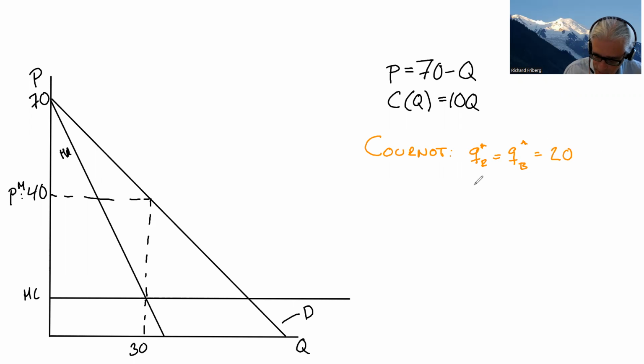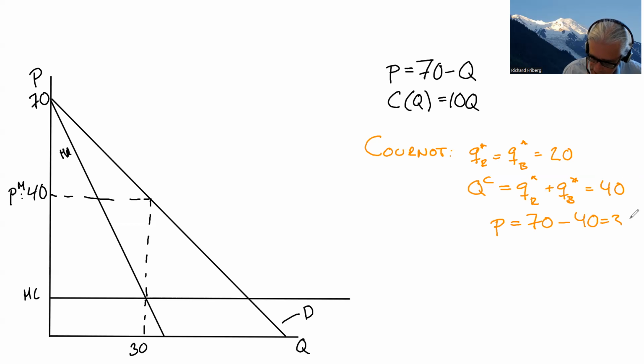So total quantity QC, as in Cournot, QR star plus QB star equals 40. Just adding the two 20s: two firms each producing 20. How much bottled water is brought to the market? 40. What's the price then at the Cournot quantity? Well, 70 minus 40 equals 30.